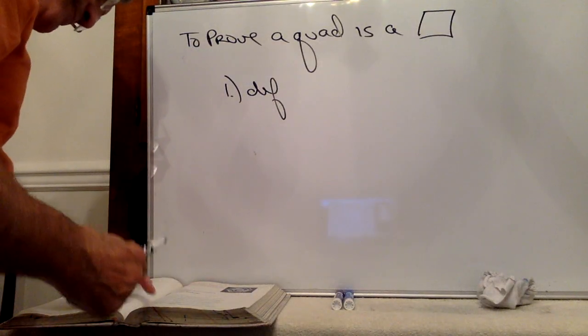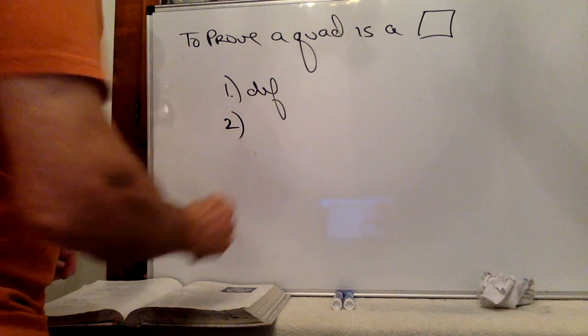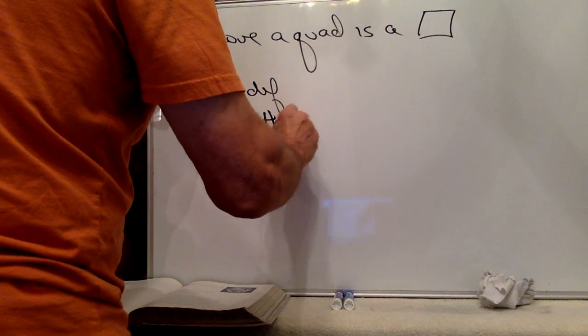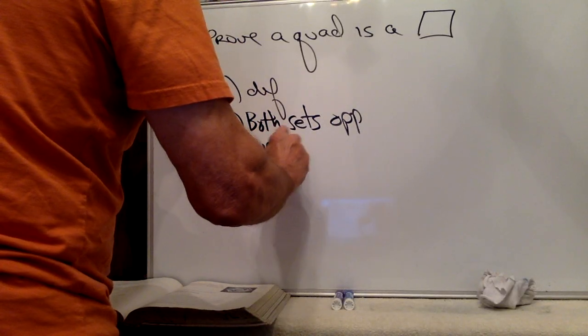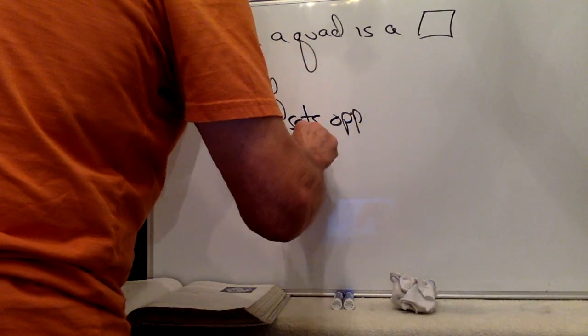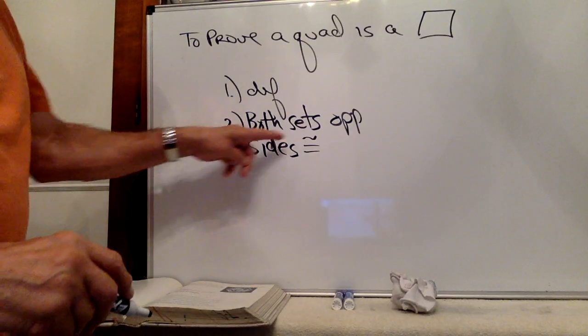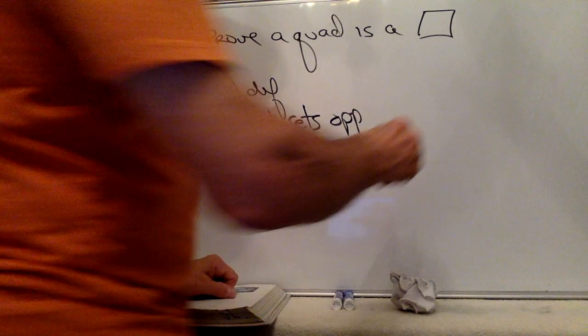The next way, if both pairs of opposite sides are congruent. The only way you can have a quadrilateral with both sets of opposite sides congruent is if it's a parallelogram.